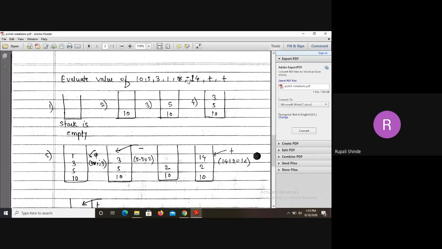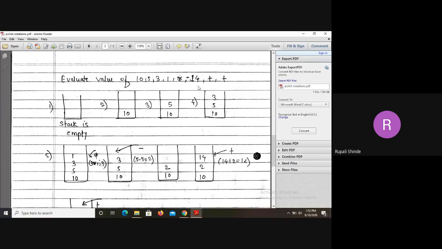Okay. Now the next operator is the minus operator. So again the same procedure. Once any operator is encountered, pop the topmost two operands and apply that operator on those two operands.